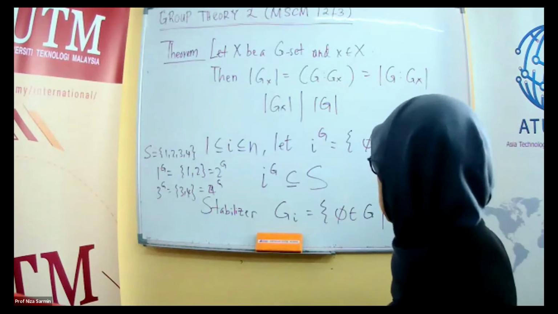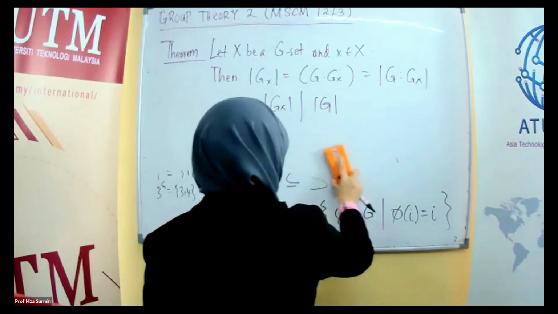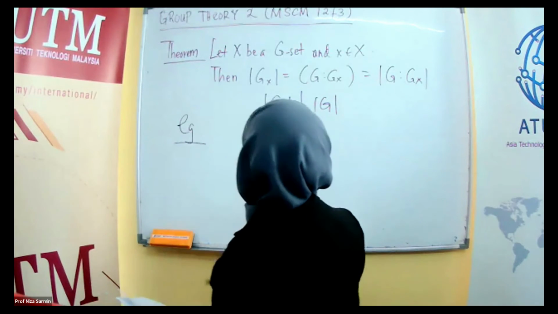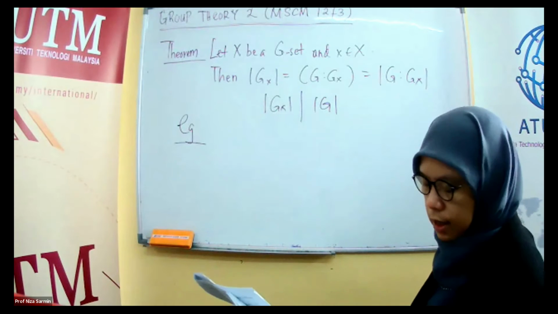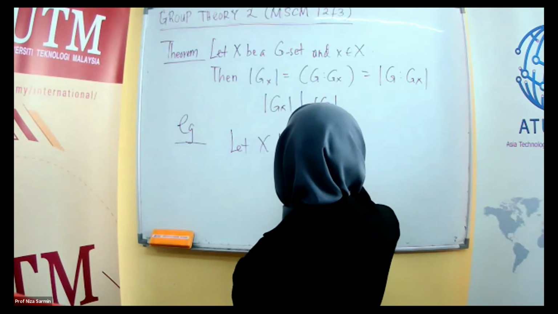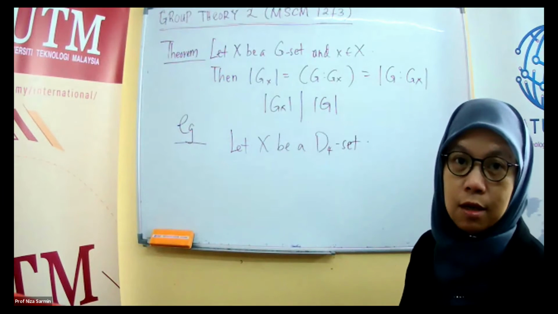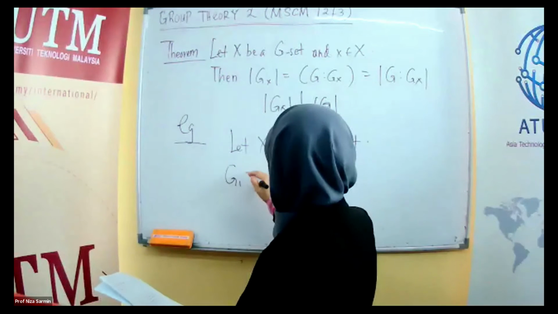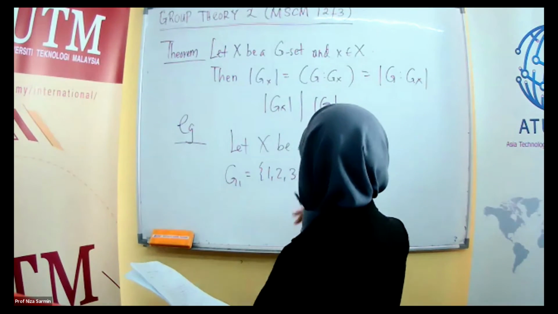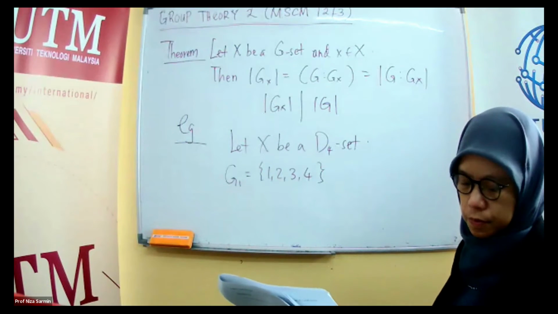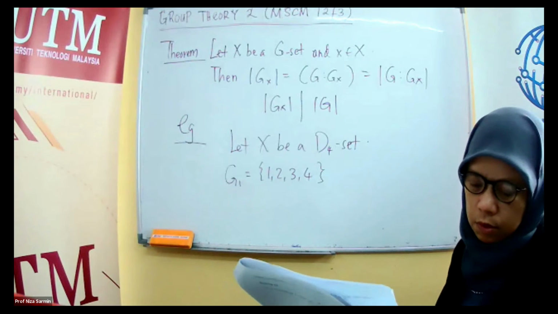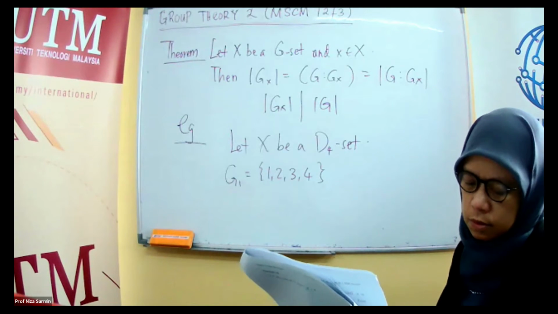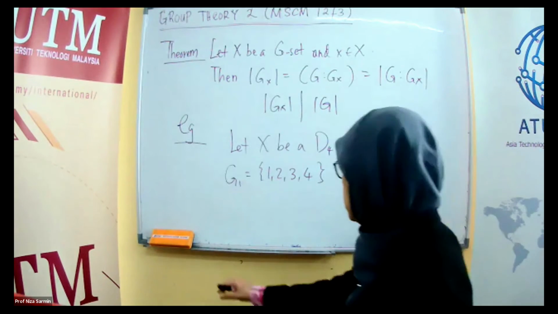Let's look at one example. Let G be D4, the dihedral group of order 8, acting on the set X, where X is 1, 2, 3, 4.